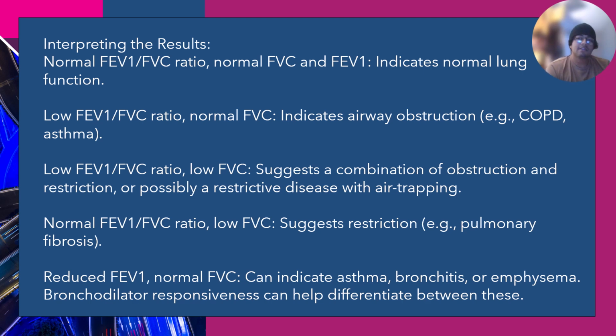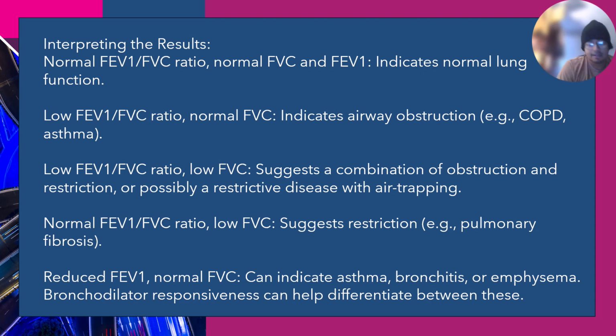Usually that's going to be patients with COPD and asthma. And let's keep in mind, a low FEV1 and FVC ratio with a low FVC suggests a combination of obstruction and restriction, or possibly a restrictive disease with air trapping. That's also something you want to see.